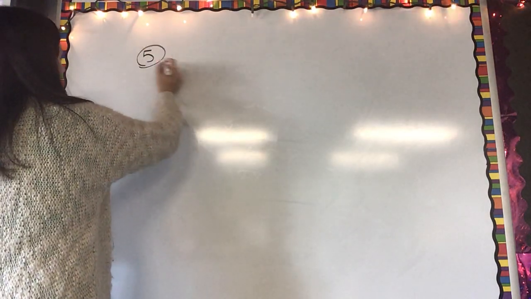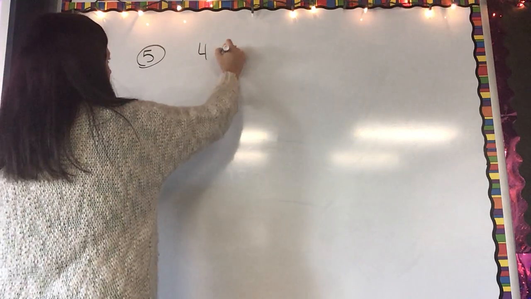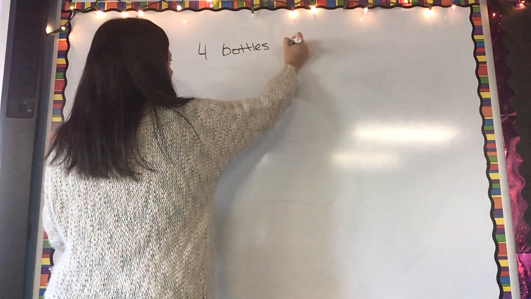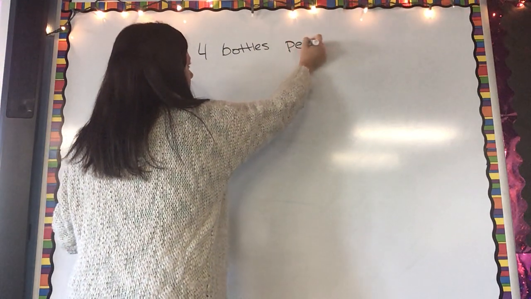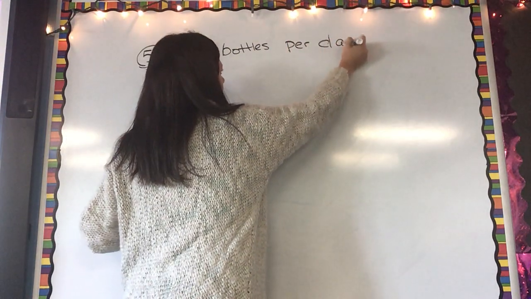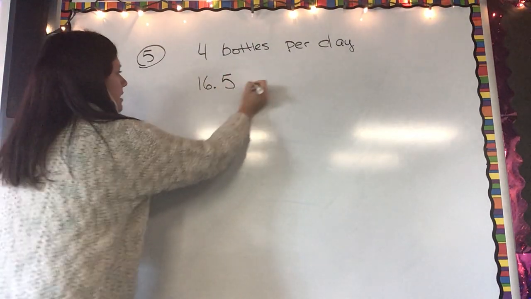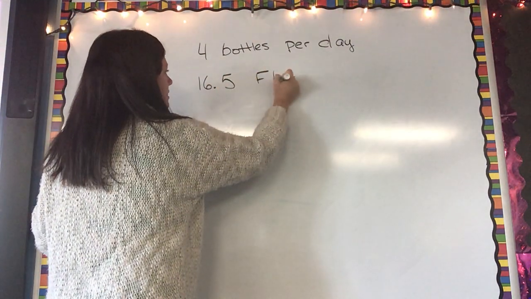So in your notes, you should have written down: this is number 5. Joy drinks 4 bottles per day, and each bottle has 16 5/10 fluid ounces in it.